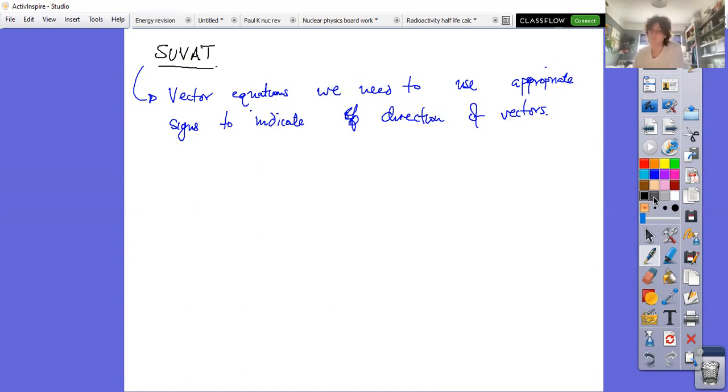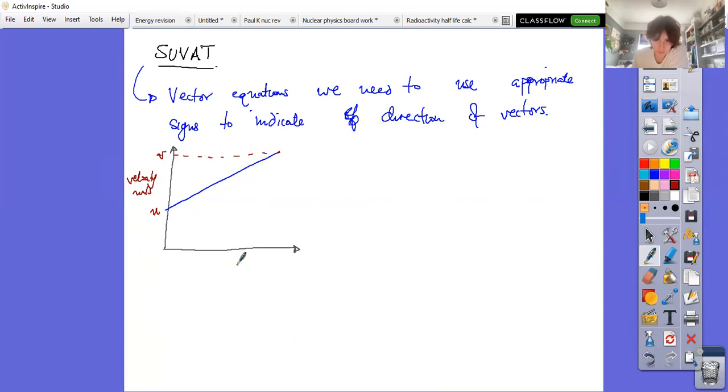One of the key things we need to understand is that if you have a velocity-time graph, like so, and we have some initial velocity u and some final velocity v, with velocity in meters per second and time in seconds, what does the area under this graph represent?